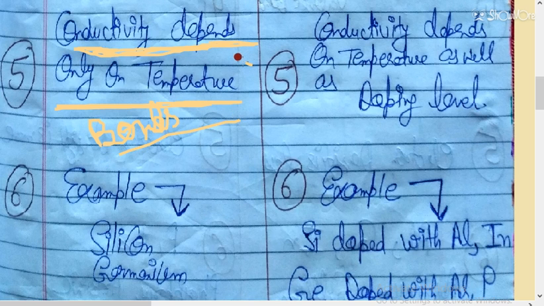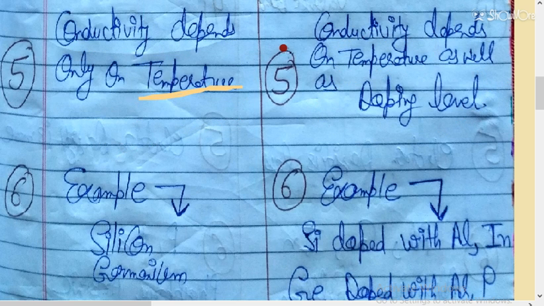So conductivity is depending on the temperature only, but here the conductivity is depending upon the temperature as well as the doping level because हमने कुछ dope किया है, we have added some elements. You have to remember these two points also.